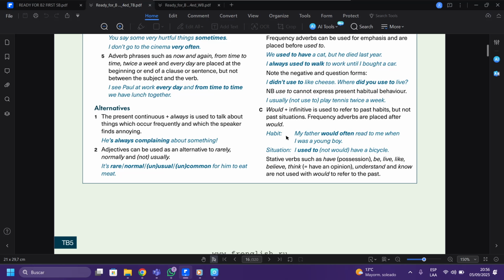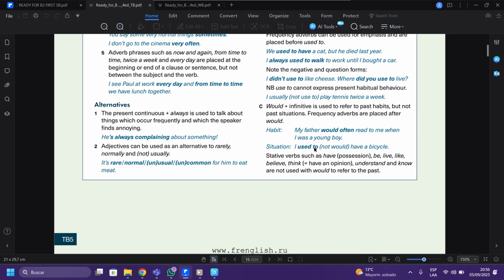And we have that you cannot use it to express present habitual behavior. For example, "I usually not used to play tennis twice a week." Yes, it means that you don't usually play tennis.